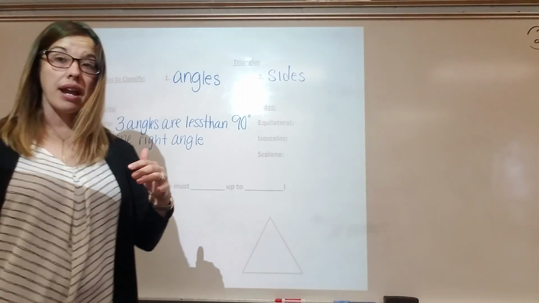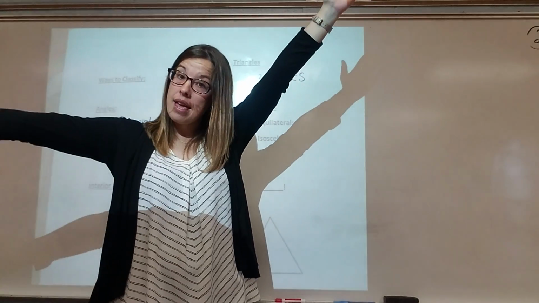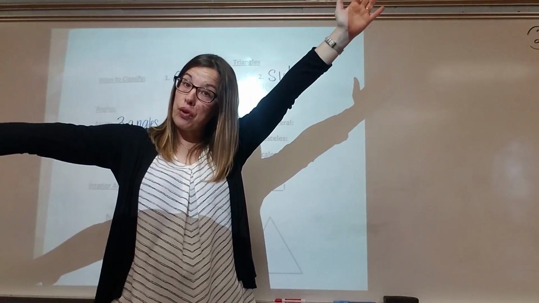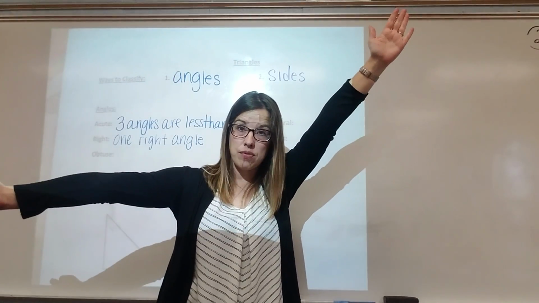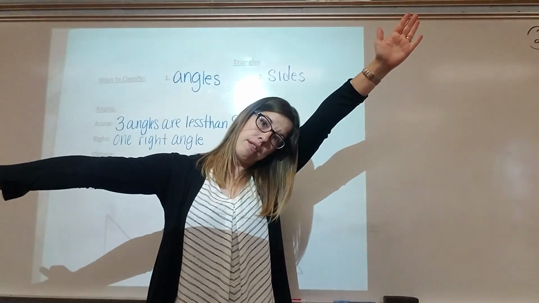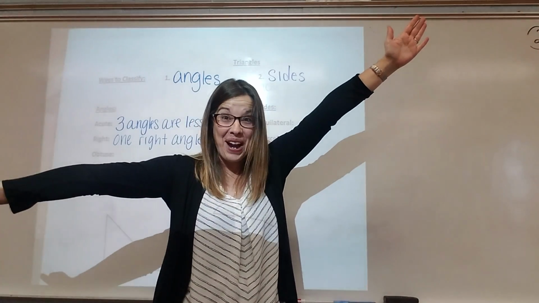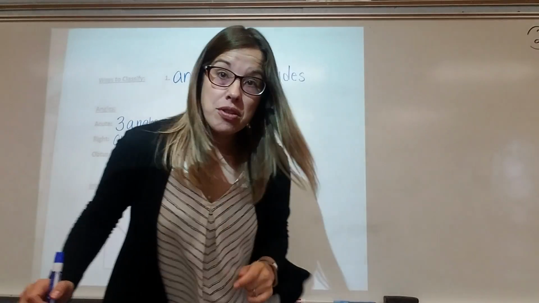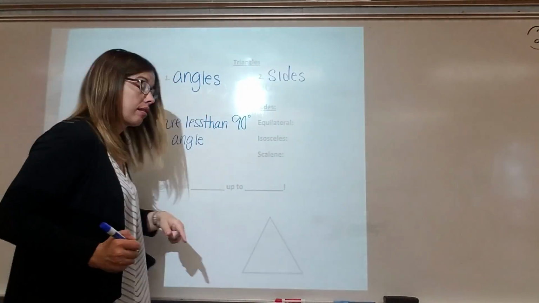So we know that an obtuse angle are those wide angles, right? Those are those angles that are greater than 90 degrees. See, my arms are making an obtuse angle because if you watch my head, from here to here is greater than 90 degrees. So an obtuse triangle has one obtuse angle in it, okay?